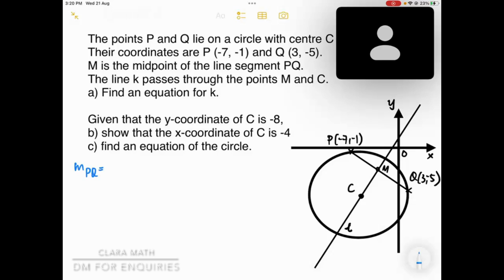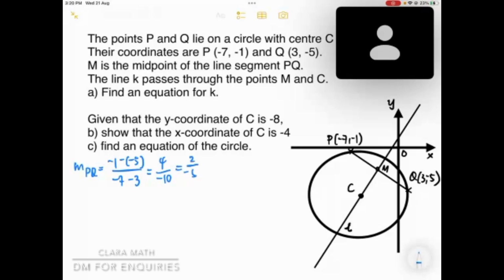PQ is -1 minus -5 over -7 minus 3, so that's y minus y over x minus x. Then you're getting 4 over minus 10, so it is -2 over 5.